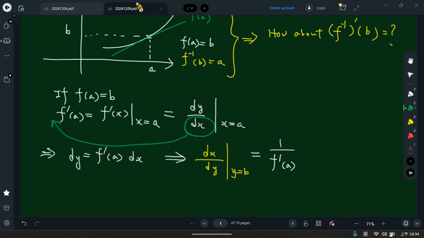Because you already move this item here, and then we also can move this item from here to here, and then from here to here. Then we can get this one. That will be 1 over f prime a, so it will be 1 over df over dx when s is equal to a.